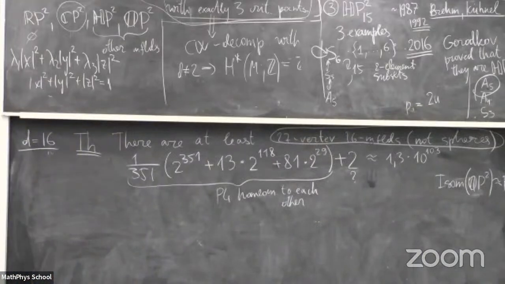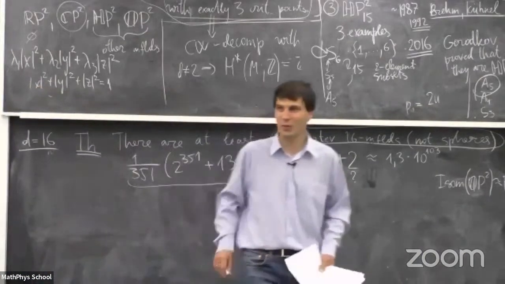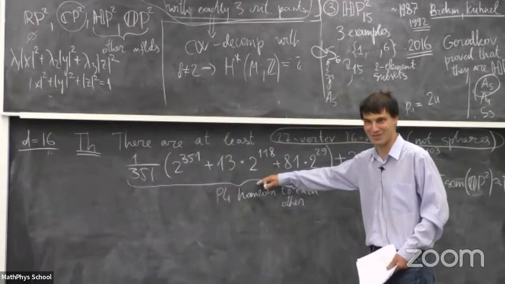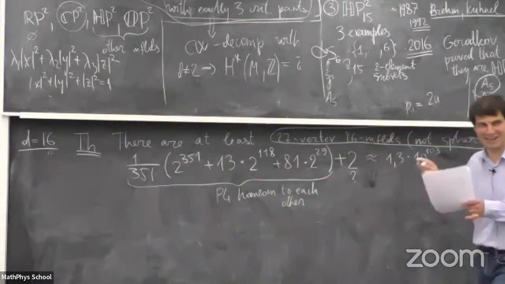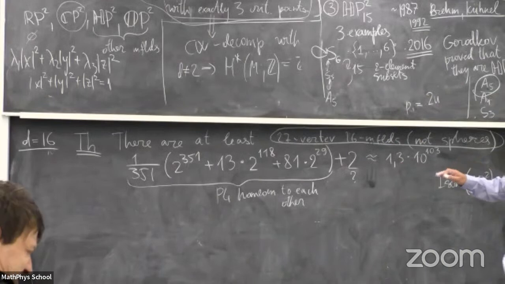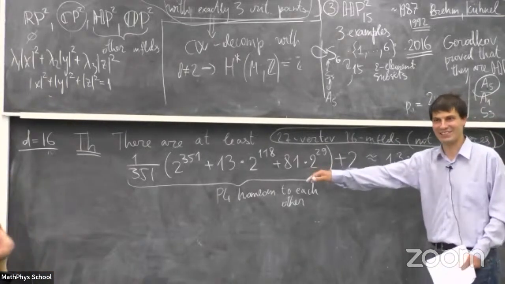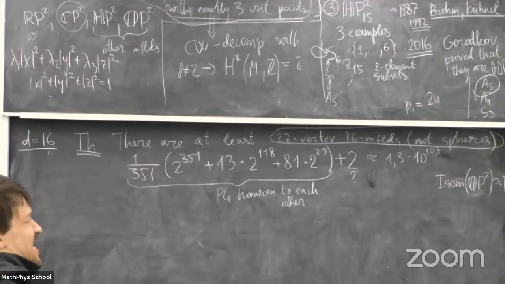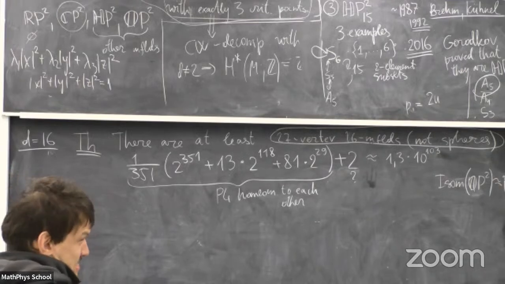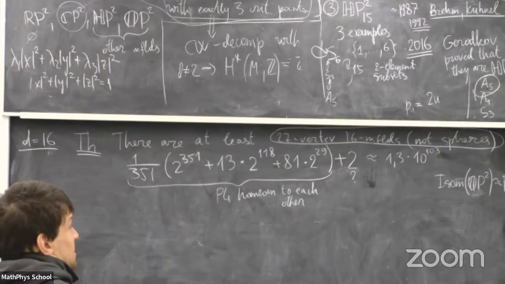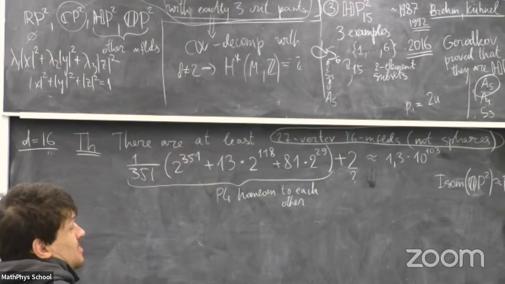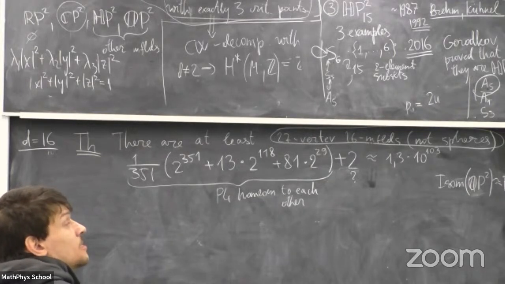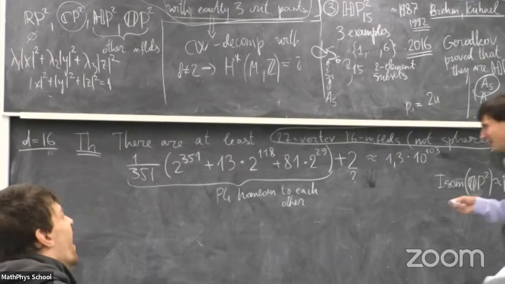Well, the situation is as follows. Why such a huge number? I prefer to start with this, and then I explain. Namely, there are 4 triangulations which are the most symmetric, with the best symmetry group known to me.